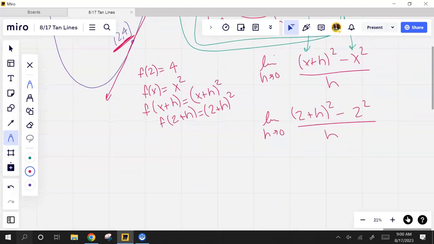That's right. I can expand that. This would be a FOIL problem, right? The limit as h goes to 0 of 4 plus 4h plus h squared minus 4.